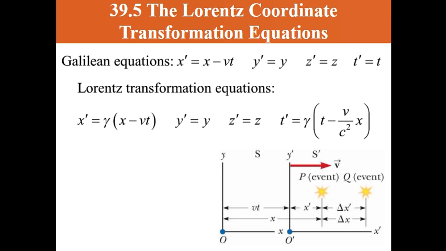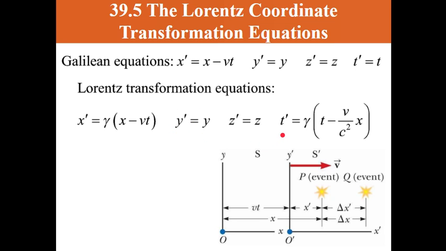So in this example, the frame S prime is really just moving to the right. So this only has an effect on the horizontal coordinate, x to x prime, as a factor of gamma. But since there's no speed component in the y or z direction, those coordinates remain the same.